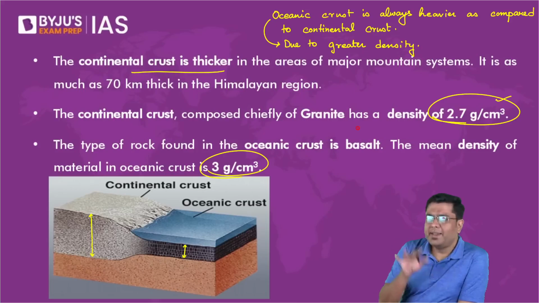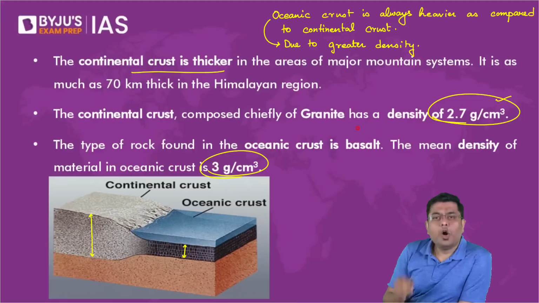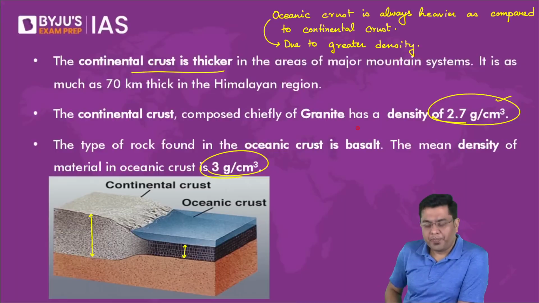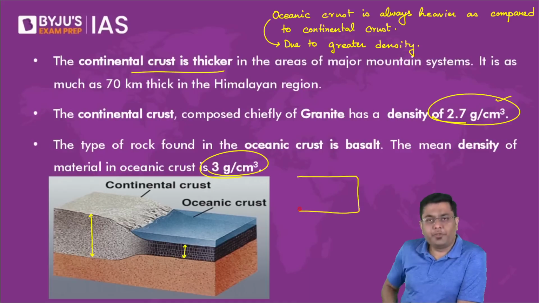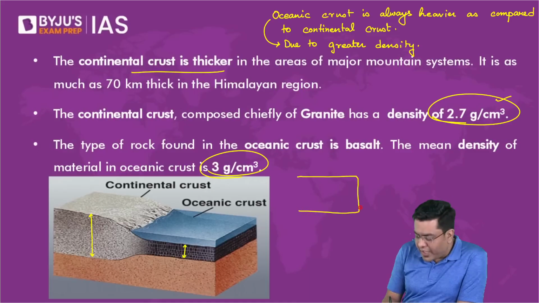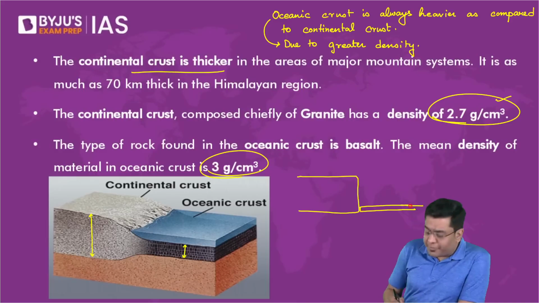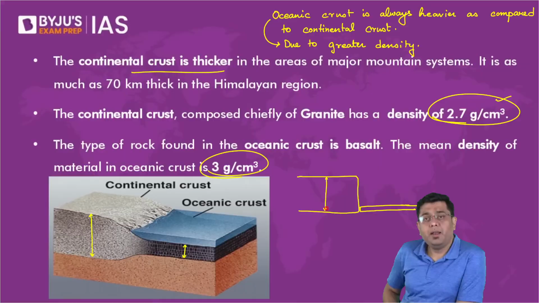To understand this, take a simple analogy of thermocol and iron. Let's say you take a larger block of thermocol, and you take a thin sheet of iron or steel. Now, despite the fact that the thermocol is very thick, as compared to iron, which will be heavier?